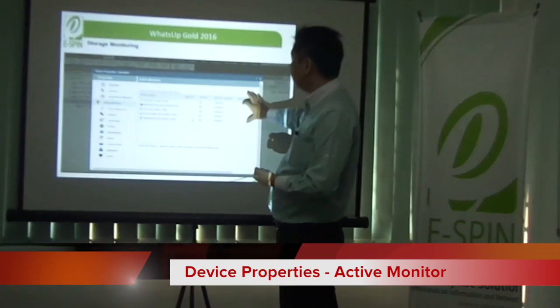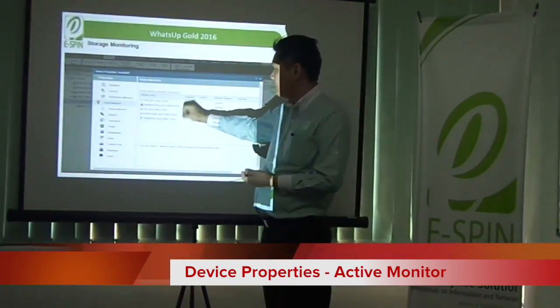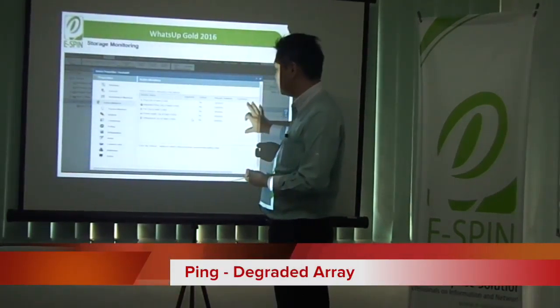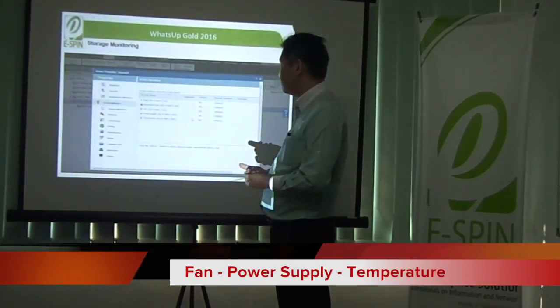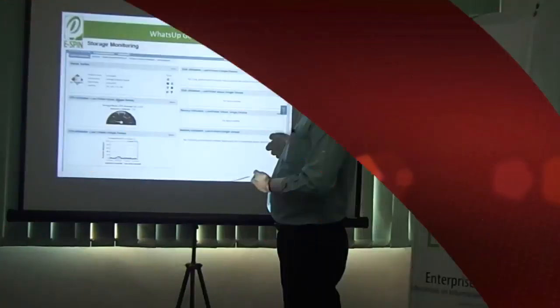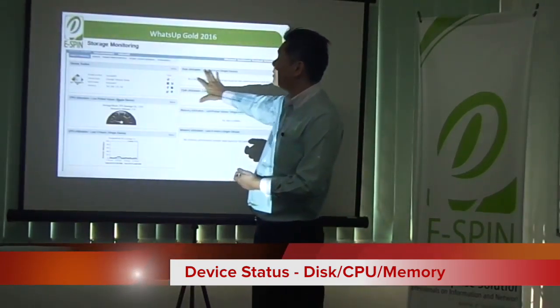This one is talking about the new active monitors: the fans, power supply, and temperatures on the specific storage device with intention monitor. This gives a quick disk, CPU summary and memory summary for you.